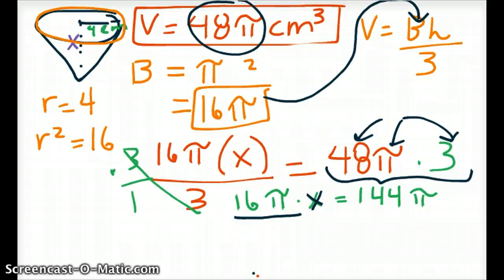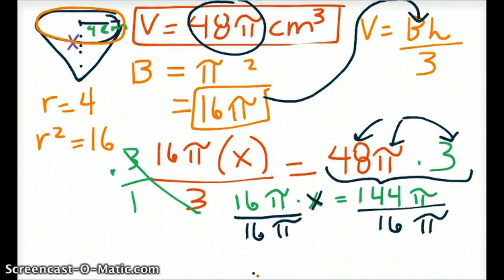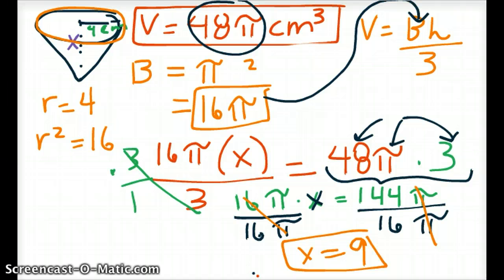It's being multiplied, so I do the opposite, which is divide by 16 pi. Pi divided by pi is 1, so the pi's cancel out, and you have x equals 144 divided by 16, which is 9. So my height equals 9 centimeters.